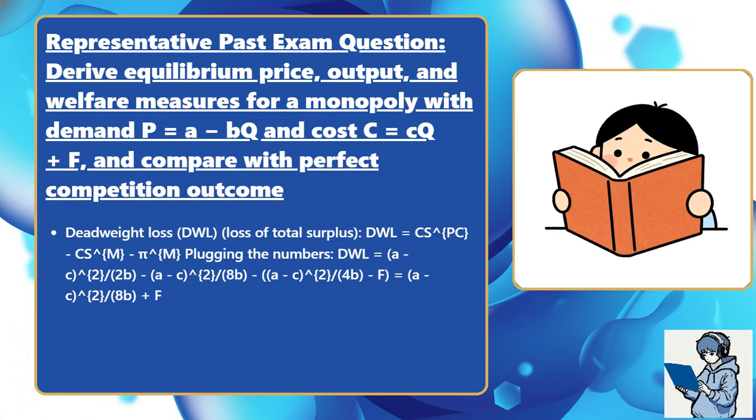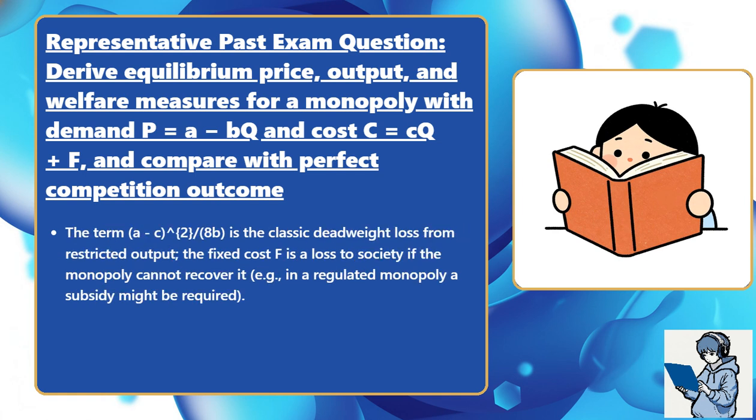Substituting the numbers gives DWL equals (a minus c) squared over 2B minus (a minus c) squared over 8B minus ((a minus c) squared over 4B minus F), which simplifies to (a minus c) squared over 8B plus F. The term (a minus c) squared over 8B is the classic deadweight loss from restricted output. The fixed cost F is a loss to society if the monopoly cannot recover it. For example, in a regulated monopoly, a subsidy might be required.